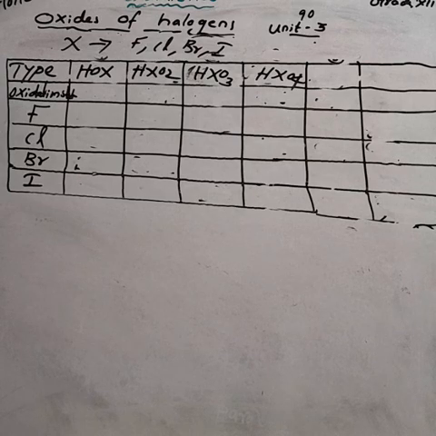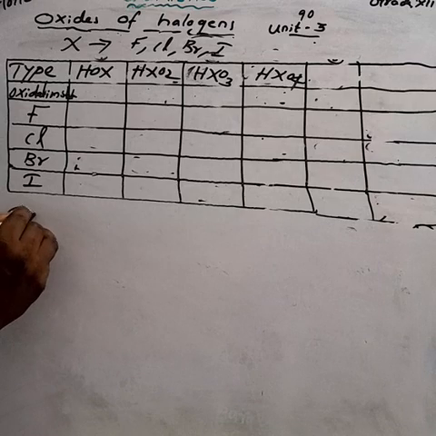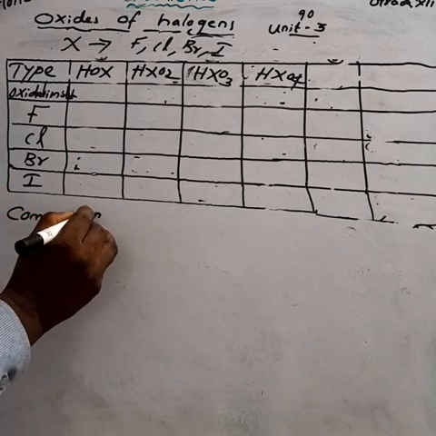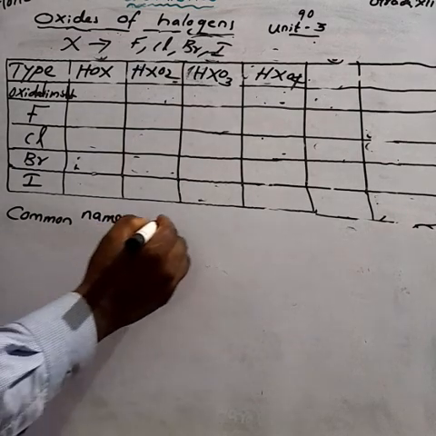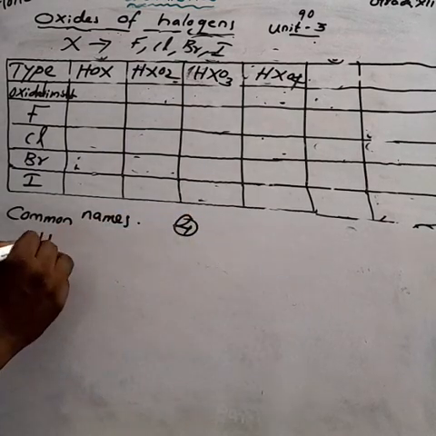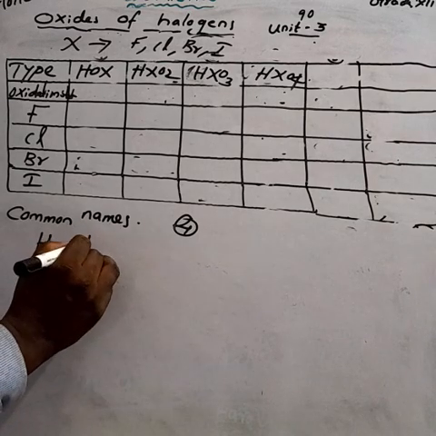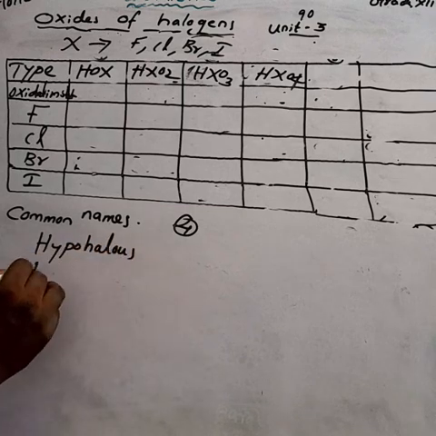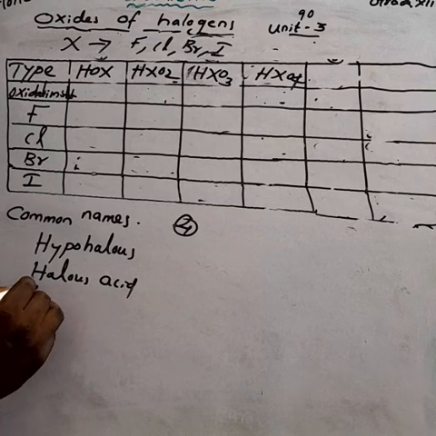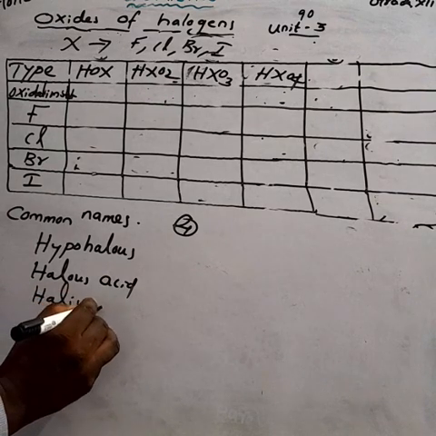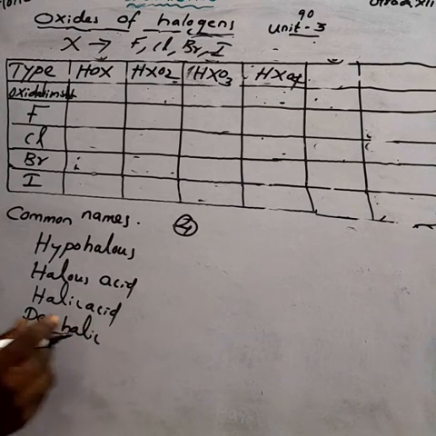Dear children, before that we have to learn the common names of oxo acids of halogen. I am giving four common names. One is hypohalous acid. Second one, halous acid. Third one, halic acid. Fourth one, perhalic acid.